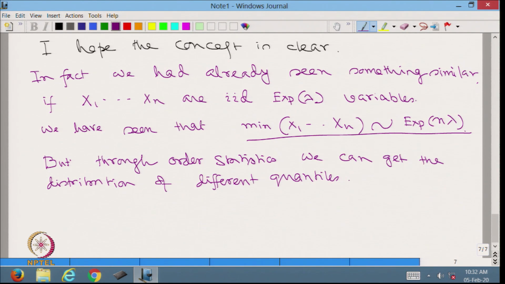So, by quantile we mean it can be quartiles, percentiles, etc.